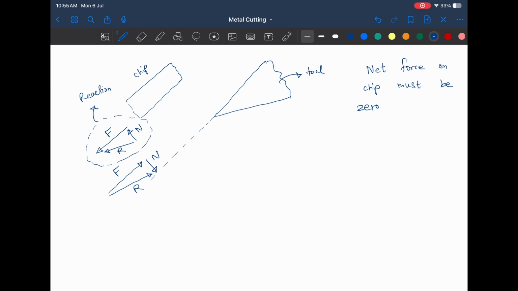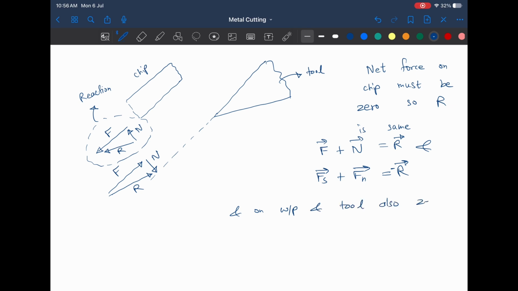So all forces result in 0 force. So F plus N is R, and Fs plus Fn will also be R, but in the opposite direction. On the workpiece and tool also it must be 0, as there is no acceleration.